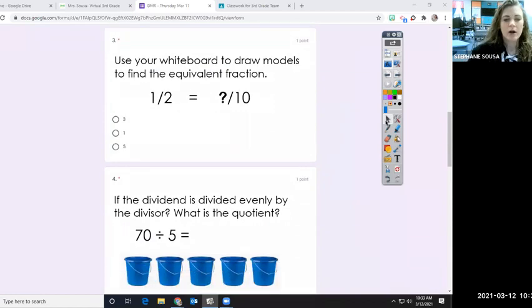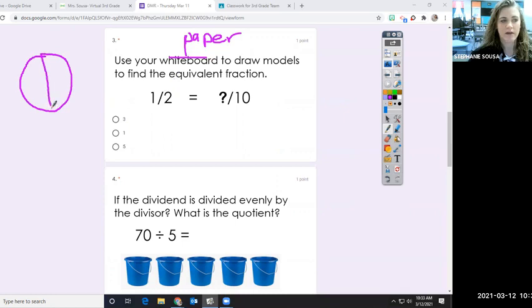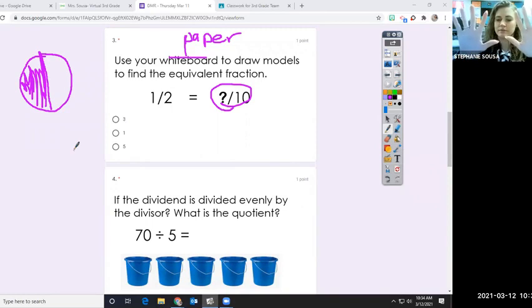Use your whiteboard. If you don't have one, you can use paper to draw equivalent models to find the equivalent fractions. We have 1/2. 1/2 is right here. And I am creating 1/10. How many tenths will give me half? Well, I have 10 fingers, and half of them is 5.